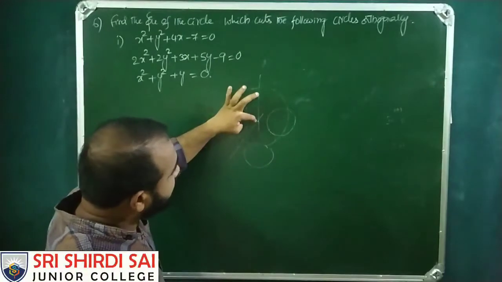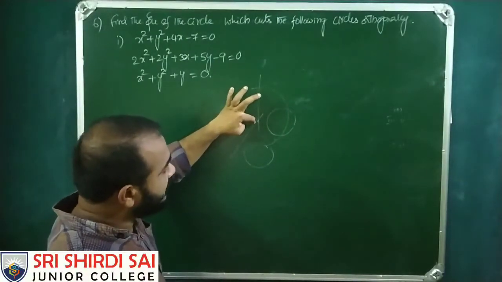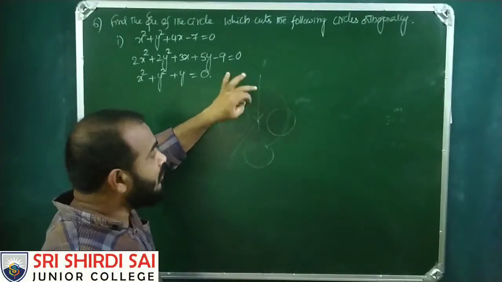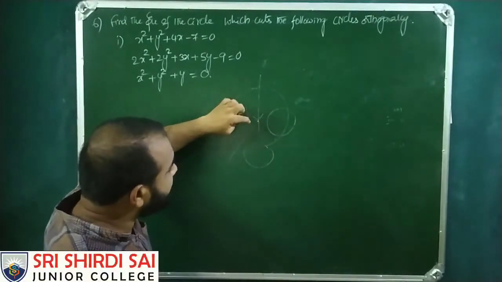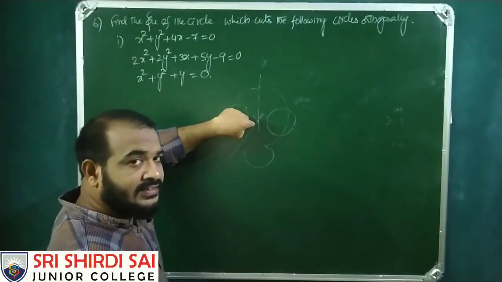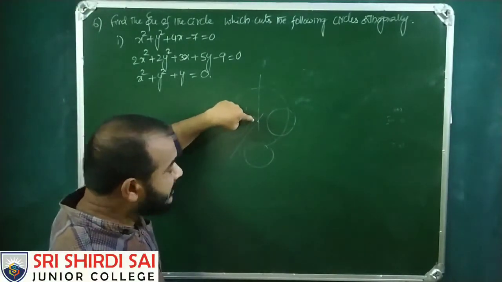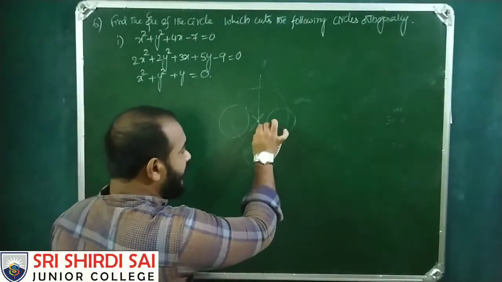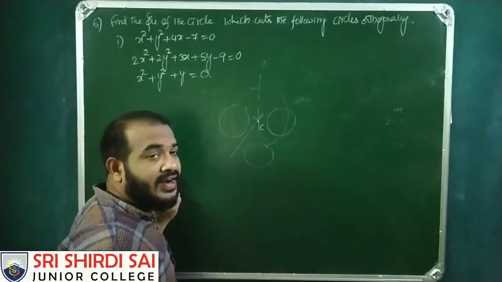Now this point is said to be the radical center. What is the radical center? The point of intersection of the radical axes is nothing but the radical center, and that radical center is the center of the required circle. So therefore the center we will get. But how do we find the radius?